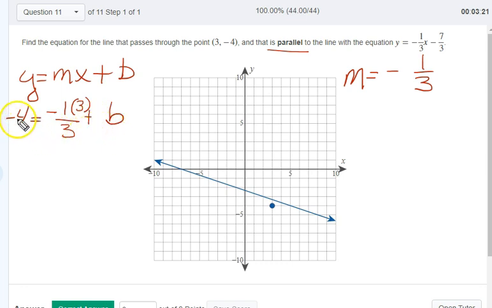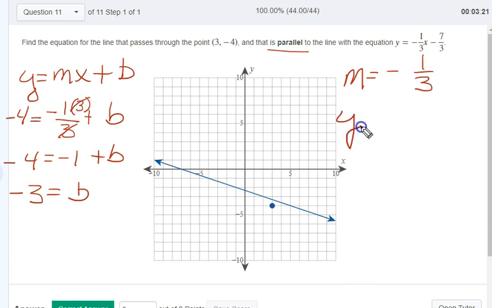Now, you might say, well, I have to multiply through by 3. Not here, because here the 3's actually cancel out. So you're left with a -4 equals a -1 plus b. So you transpose this -1, makes this a -3 equals b.